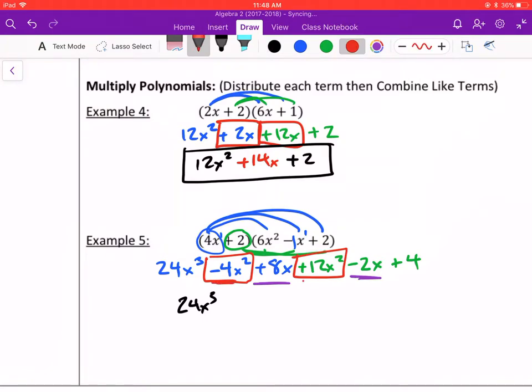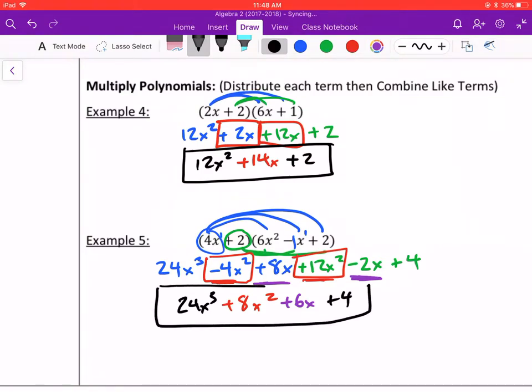Negative 4 plus 12x squared is going to be positive 8x squared. And then combine the purple underlines, 8x plus negative 2x is going to be 6x. And then that 4, that can't be combined, just bring it down. And now it's simplified, I multiplied those polynomials. All right, and that's it.